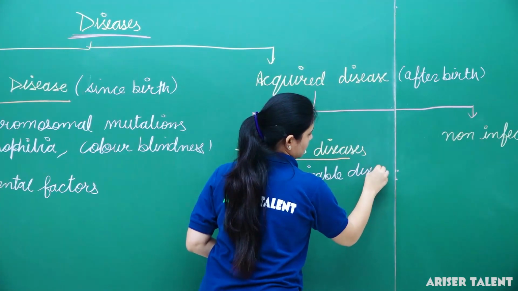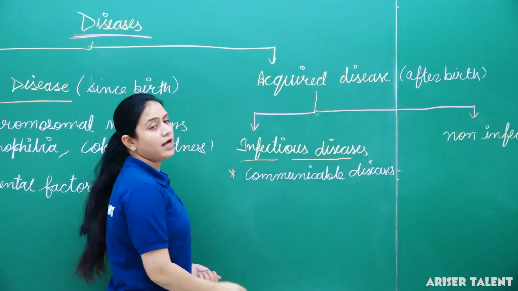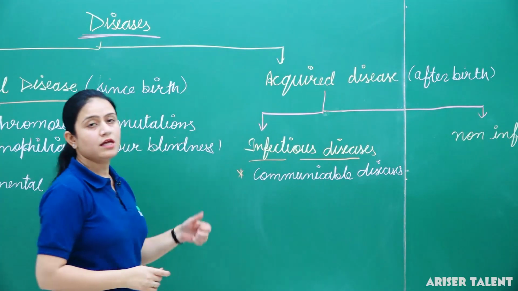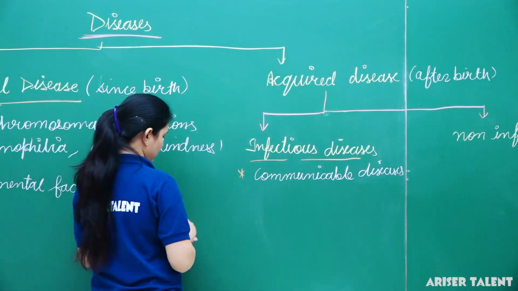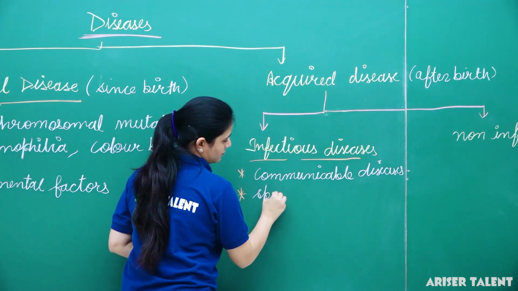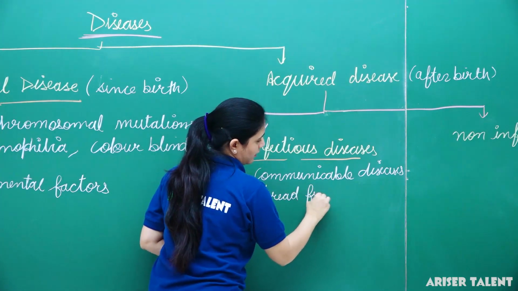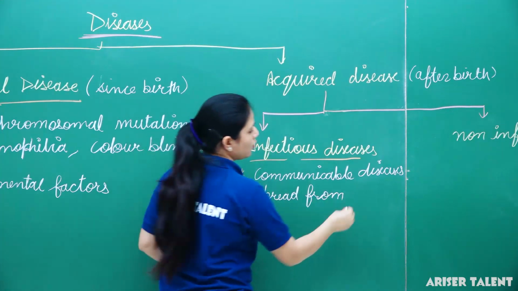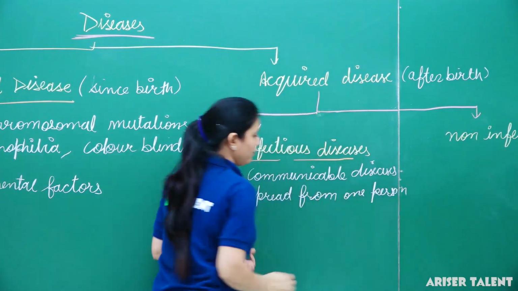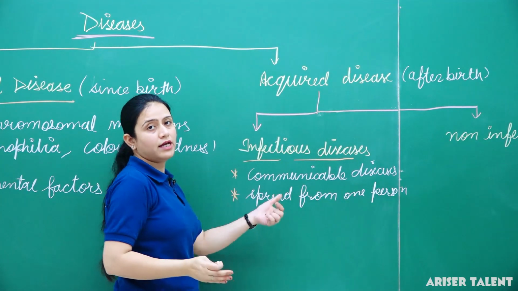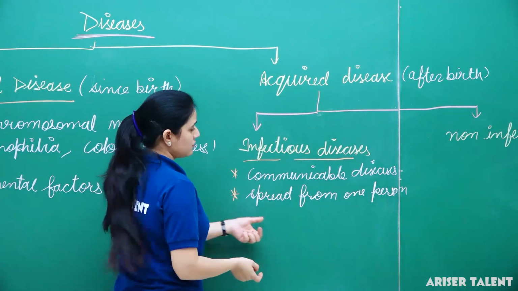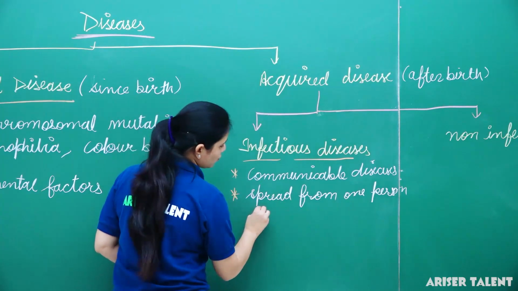As they are communicable, they spread from one person to another. If a person is infected with a disease and another healthy person comes in contact with him, then he also gets infected.